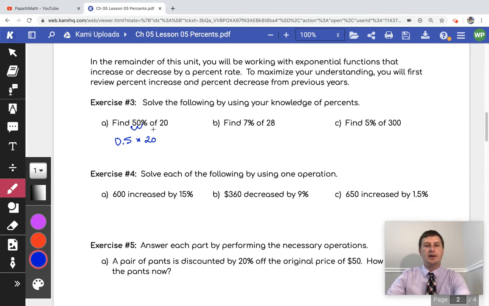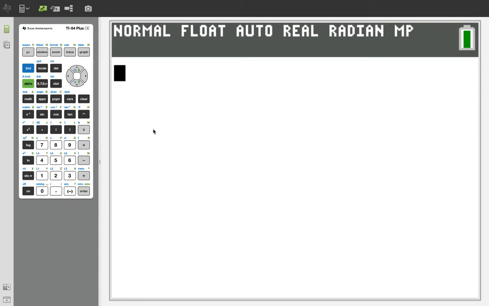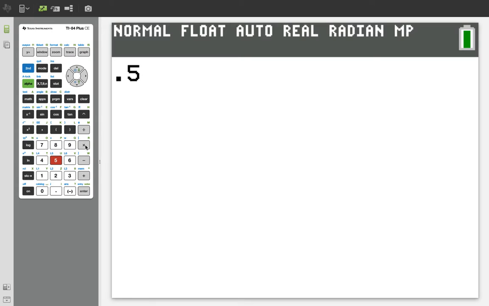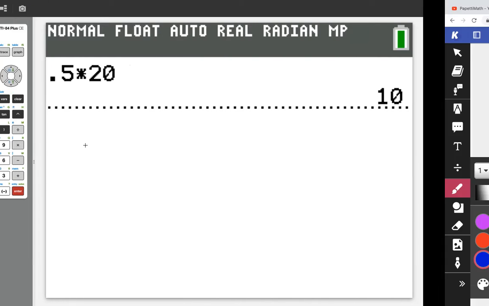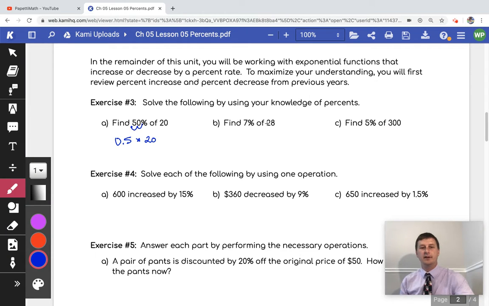If we want to use a calculator for this, feel free. We have 0.5 times 20, and we're going to get 10. So I know that 50% of 20 is 10. We also could have looked at that as 50% is just half, so half of 20 is also 10.